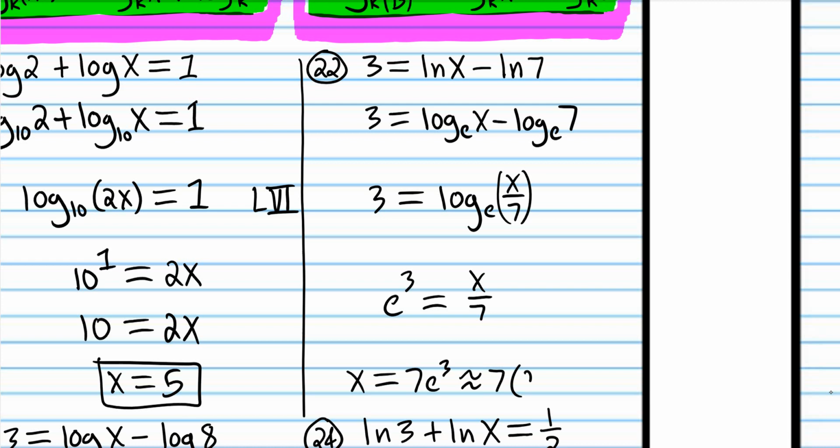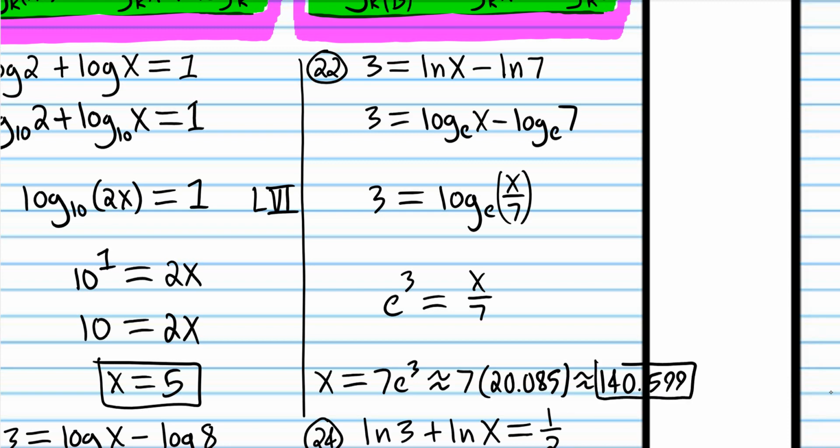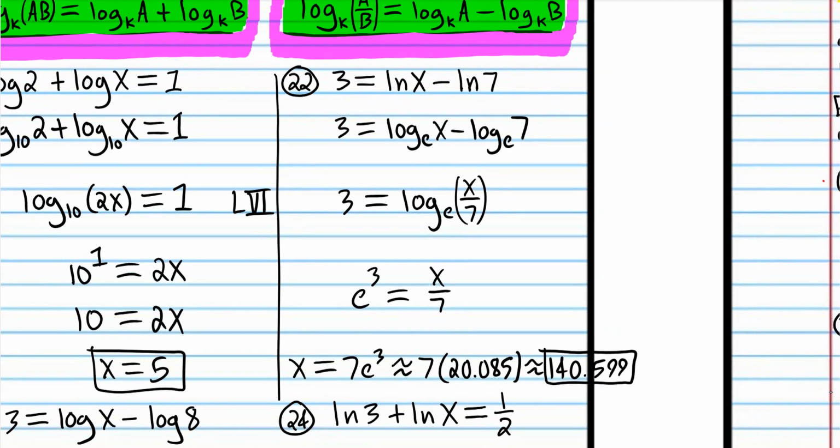So we have 7 times 20.085, and it just goes on and on. So then I'm going to multiply that by 7, 7 times 7 equals, and we get 140.599. So there you go.